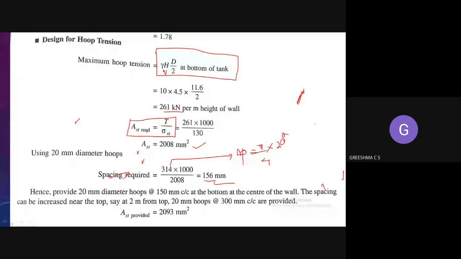It's not a big deal. So here they have taken 20 mm diameter hoops at 150 mm center to center.